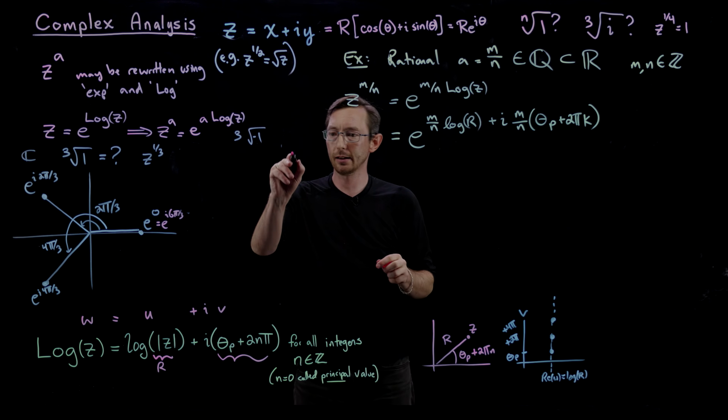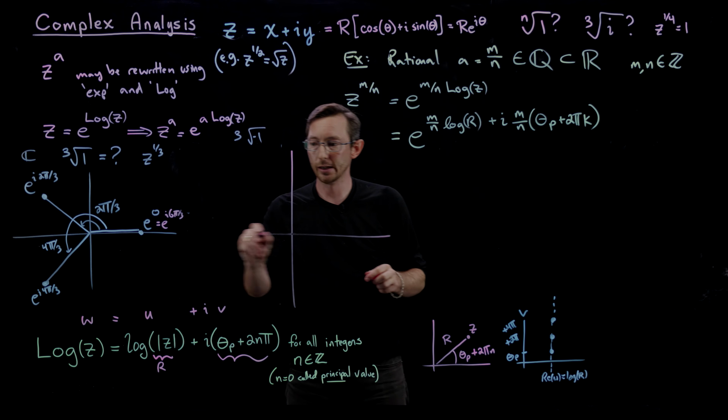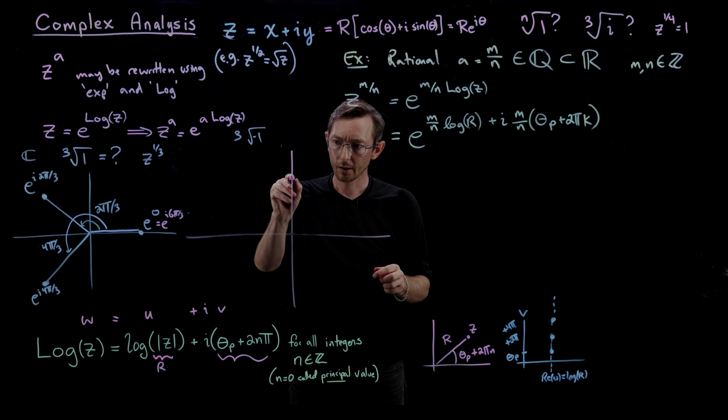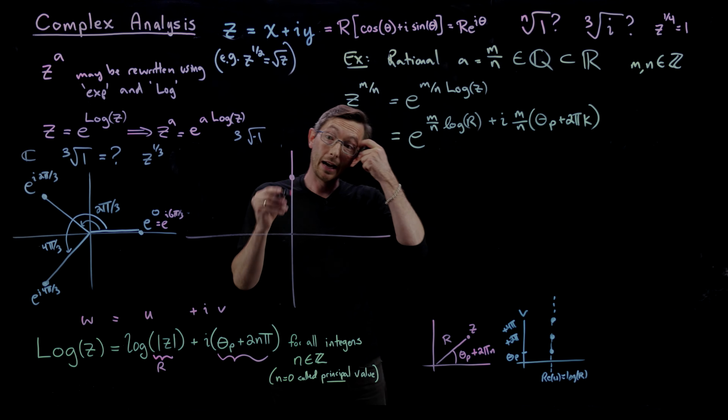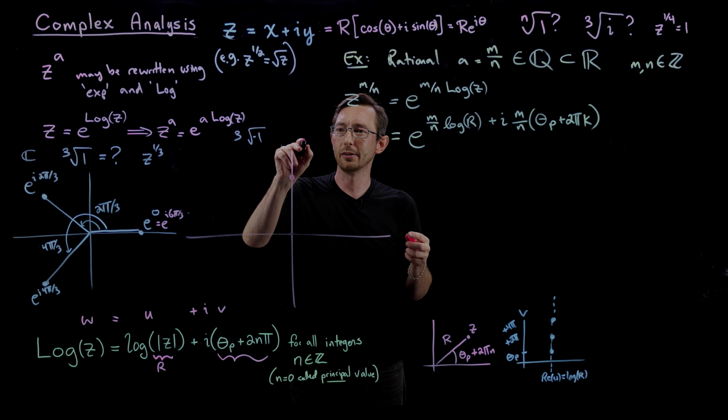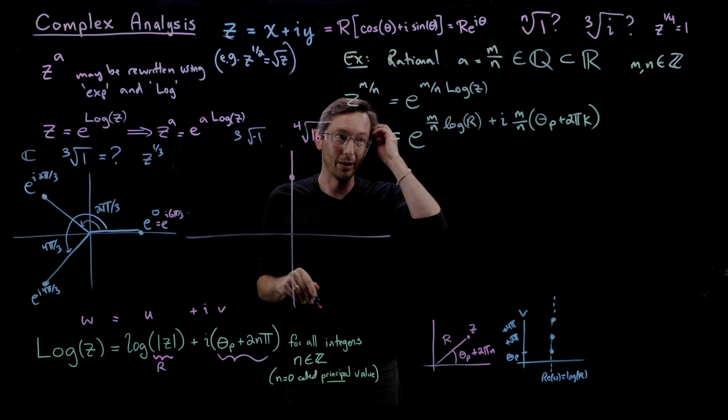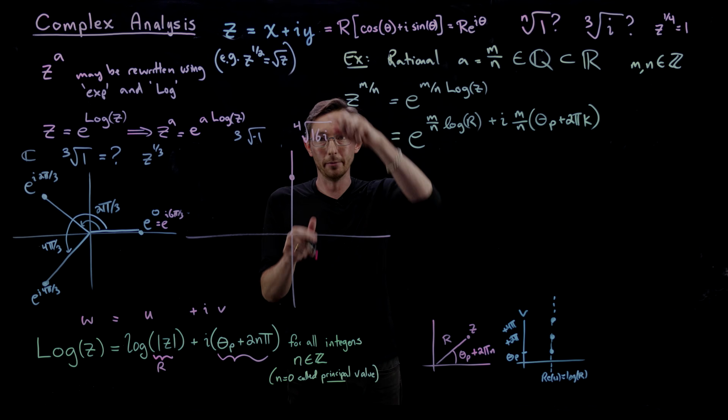Okay, so if I take, sorry for the squeaky pen. So let's say I have, or let's take, the 4th root of 16i, because I want to show you what happens if it's not length 1.